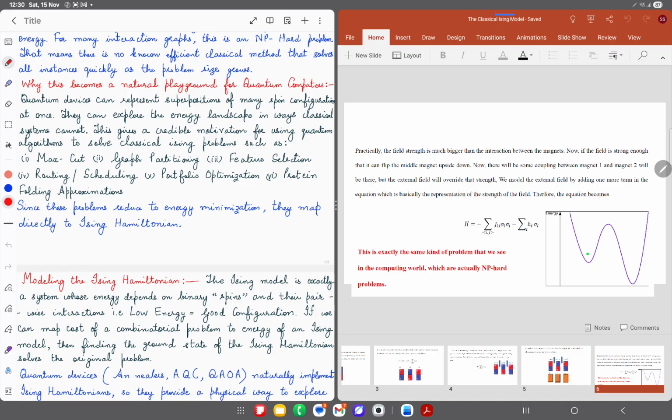So if let us say Jij is positive, that means this coefficient is positive, then if sigma i and sigma j have the same spins, that will be called aligned, right? And so the negative sign actually favors the alignment.